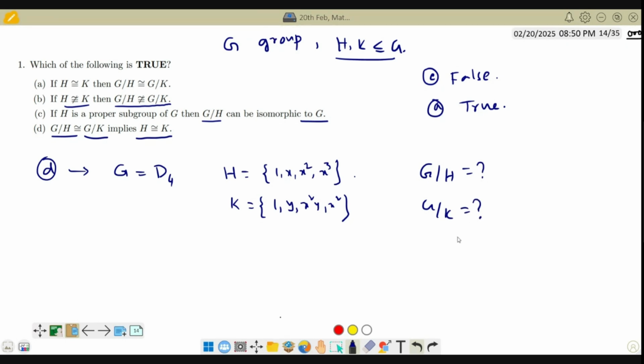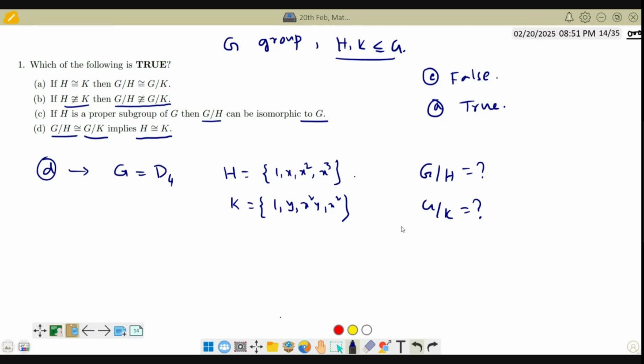Actually, G mod H and G mod K have exactly two elements. D4 has order 8, right? Yes, sir. So if you quotient by H, that will be order 2. Sorry, yes. But are H and K normal subgroups?